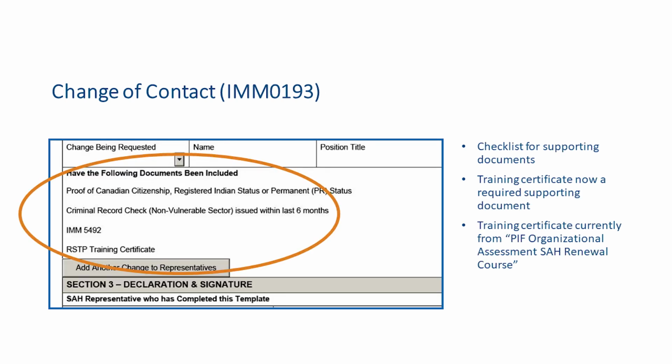For those of you who are in the process of adding official representatives using the change of contact form, there are specific supporting documents required. As you can see highlighted on the screen, you will need to ensure you have proof of Canadian citizenship, registered Indian or permanent resident status, a criminal record check, the sponsor's assessment form, which is the IMM 5492, which contains basic information about the sponsors, and the RSTP training certificate.